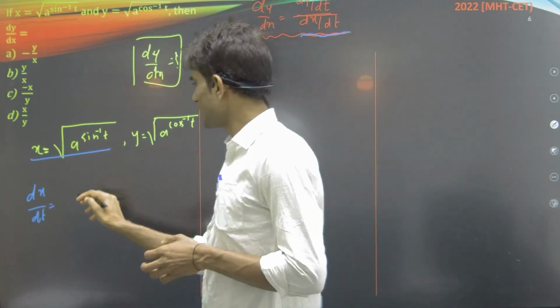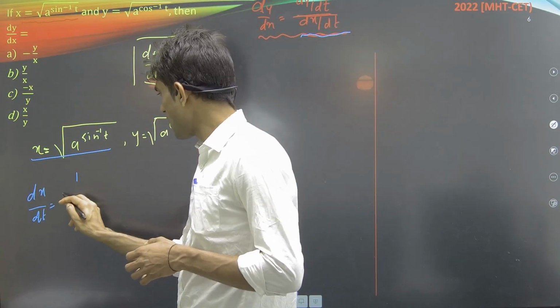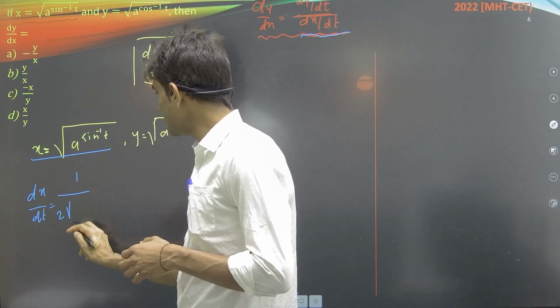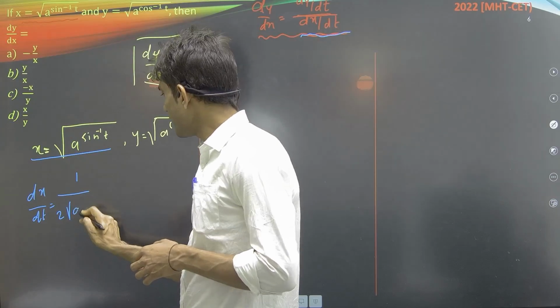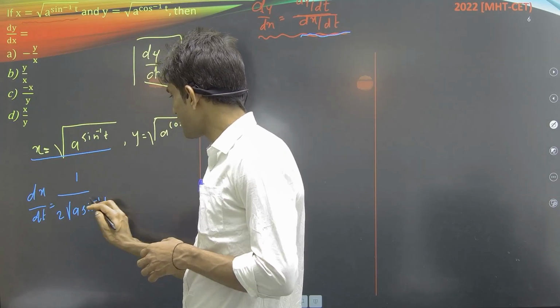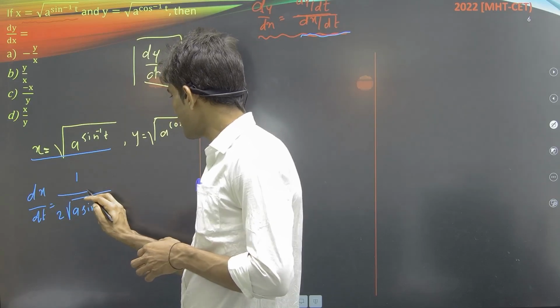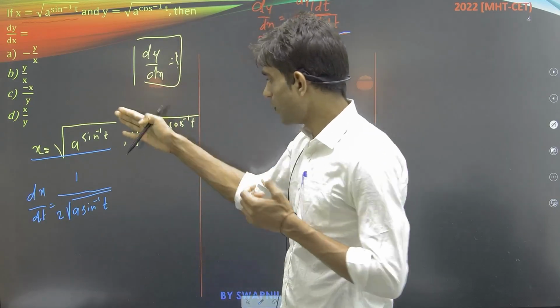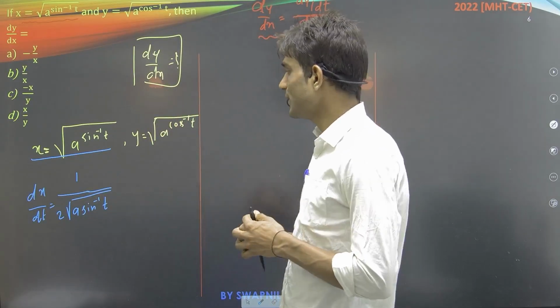So write it down: 1 upon 2 times square root of a to the power sine inverse of t.